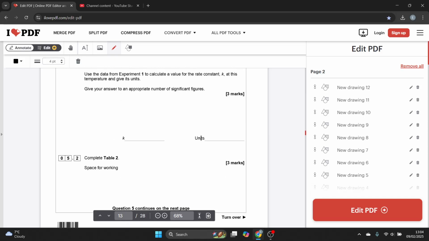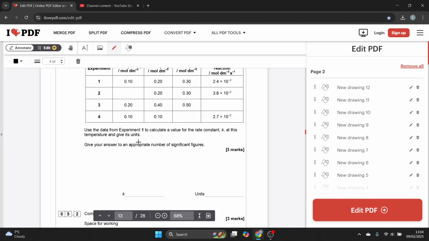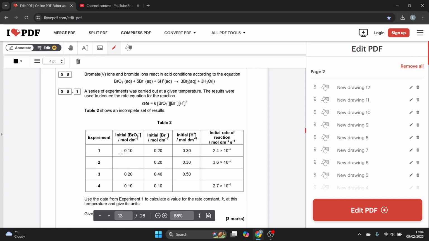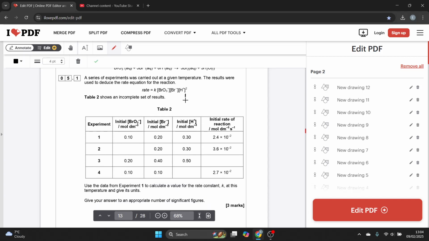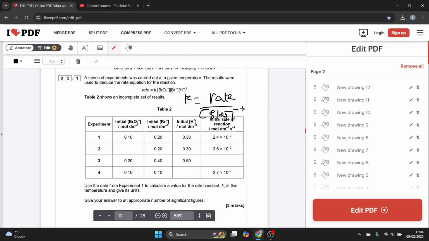It doesn't want me to, it does want me to complete table 5.2, but with data from experiment 1. So, rate constant k, so k equals the rate divided by the concentration of BrO3-, Br-, and H+ squared, and then I just substitute the values in.